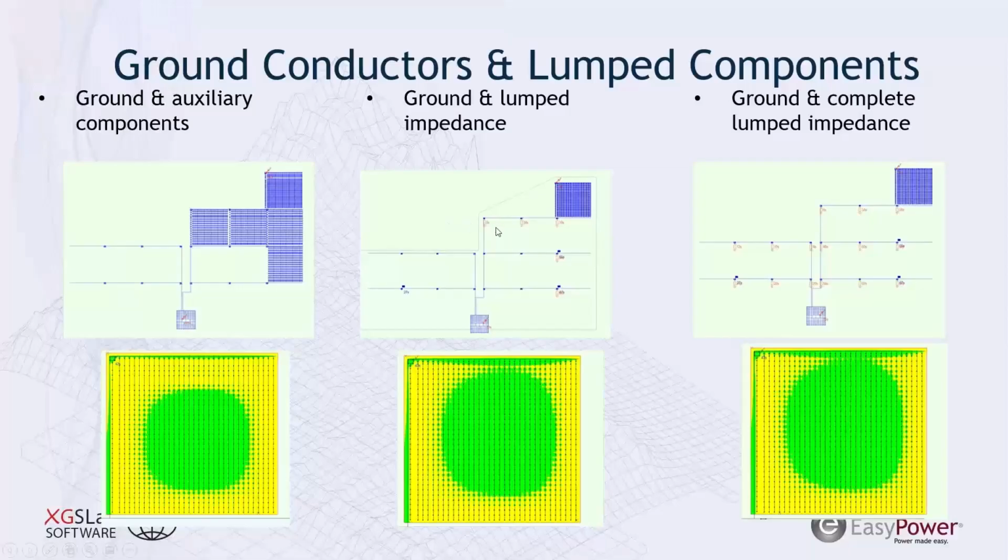Or maybe we might use something that's a lumped impedance. And you can see each one of these little impedance symbols represents a forced impedance to remote Earth that is representing the impedance of each one of these systems. And this comes up relatively close in comparison to our actual model where we have all of these components. It's a little bit better performance.